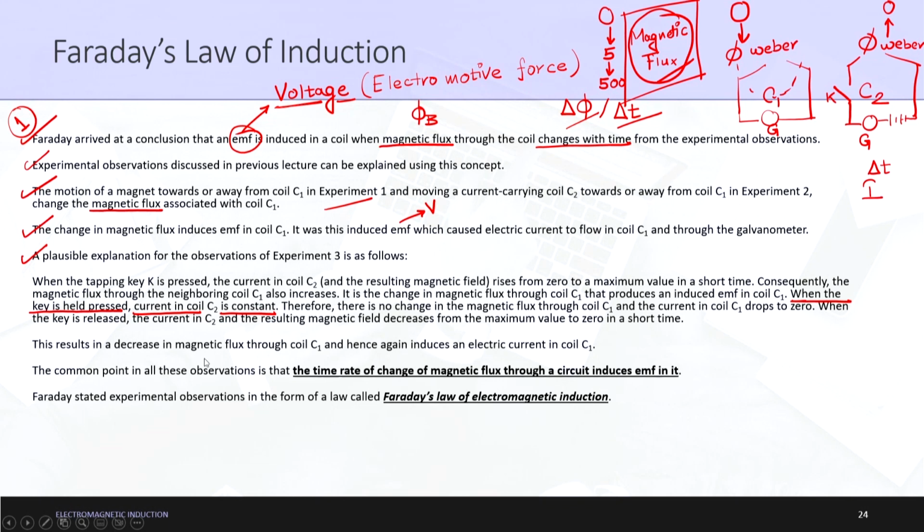This results in a decrease in magnetic flux through coil C1 and hence again induces an electric current in coil C1. So, just to conclude, the common point in all these observations is the time rate of change of magnetic flux, which can be denoted by delta phi B over delta t. So, the time rate of change of magnetic flux through a circuit induces EMF in it.